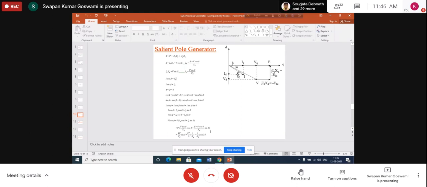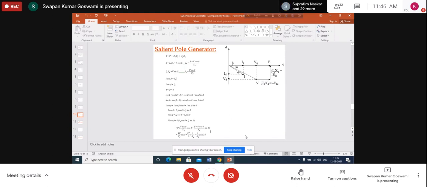Or can you extend the same analysis as we have done for cylindrical rotor machine to explain the operation of salient pole machine also? That we want to see. So let us now see how much is the similarity, how much is the dissimilarity.